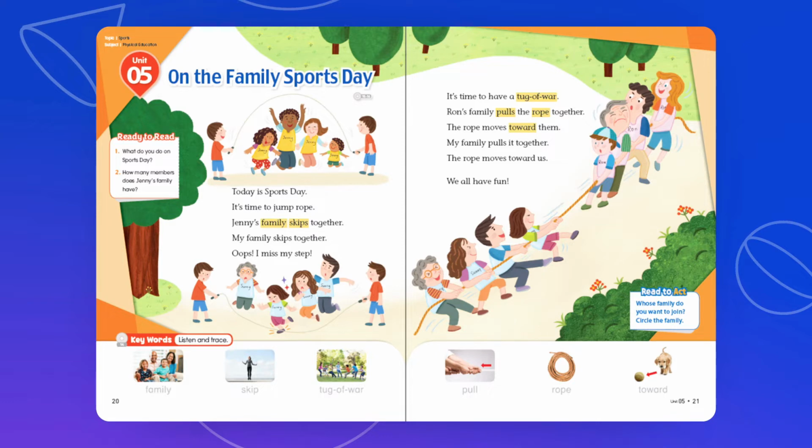Jenny is on the far left. She's the girl wearing the red pants. So who is next to Jenny? It looks like it's her father. Her dad is next to Jenny. So we have Jenny, we have Jenny's dad. Who's next to Jenny's dad? On the right side.